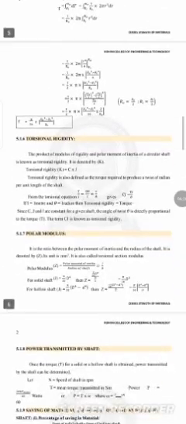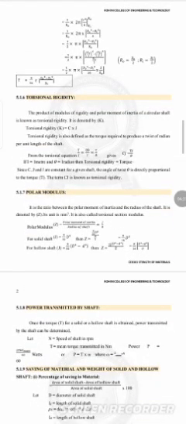Next one is torsional rigidity. The product of the modulus of rigidity and the polar moment of inertia of a circular shaft is known as torsional rigidity, which is denoted by the capital letter K, and in expression it is C into J. The torsional rigidity is also defined as the torque required to produce a twist per unit length in radian.